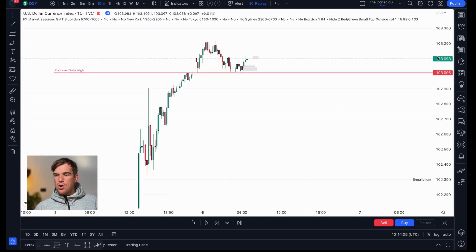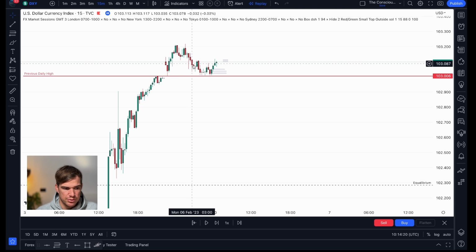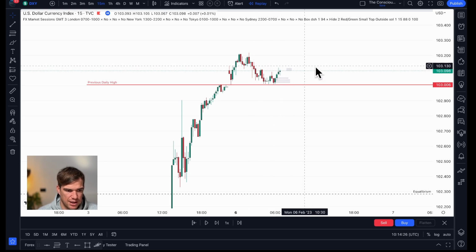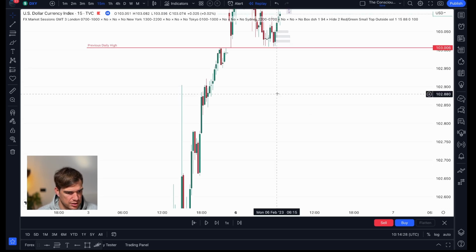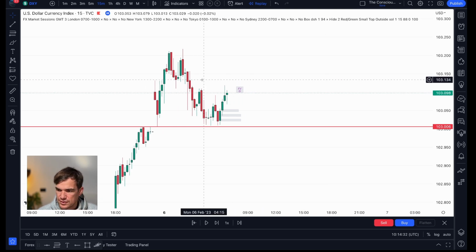Now, for me to be long on the pound dollar means that the dollar is weak. And what did I see for the dollar becoming weak? We were in premium, we were decreasing, coming to that daily level, the previous daily high, coming back up and filling fair values. So the idea was that this price would take out liquidity above this area.